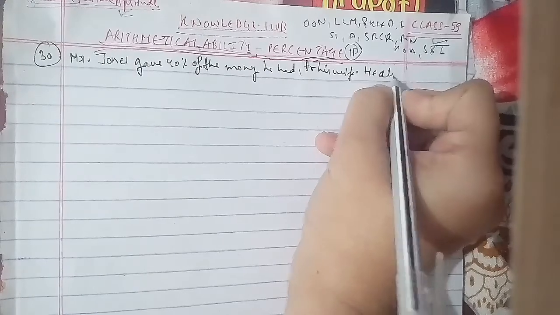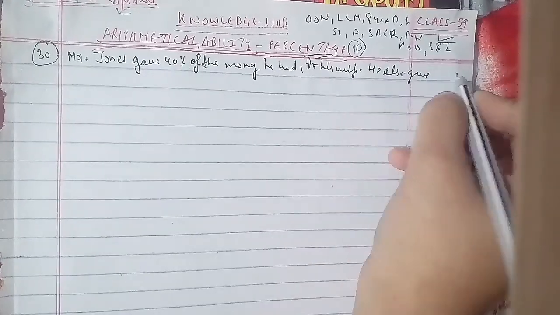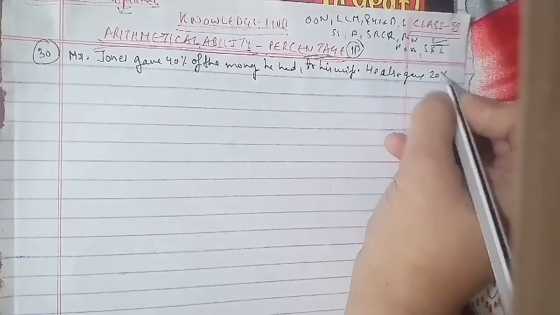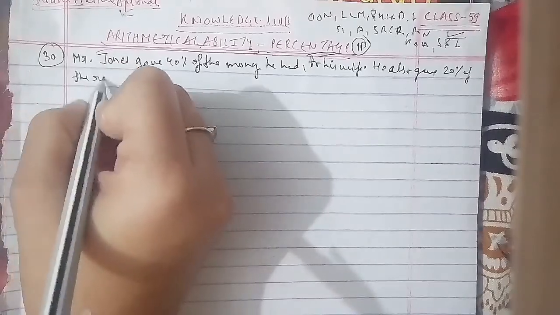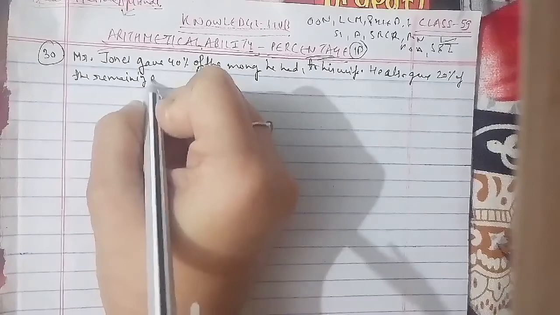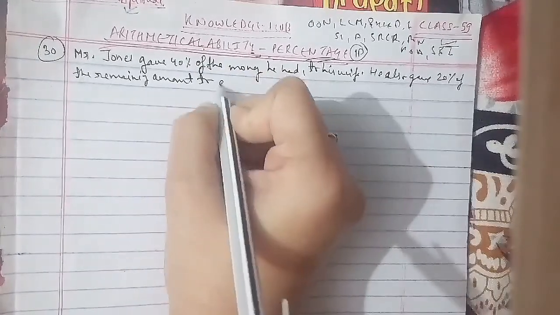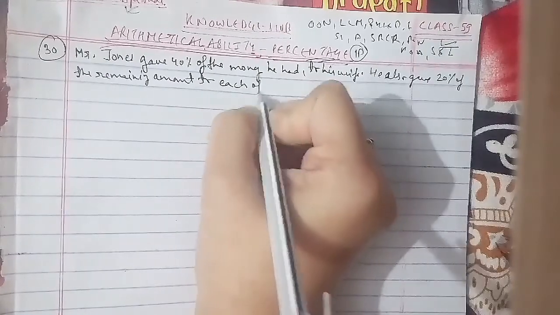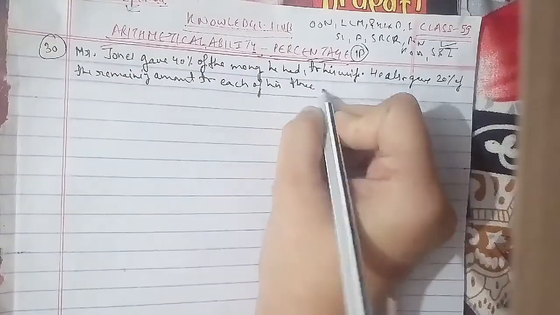He also gave 20% of the remaining amount to each of his three sons.